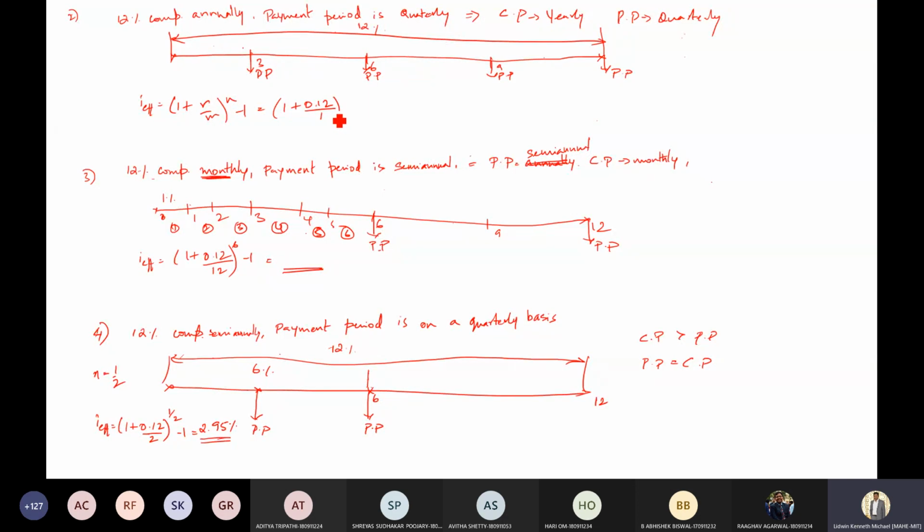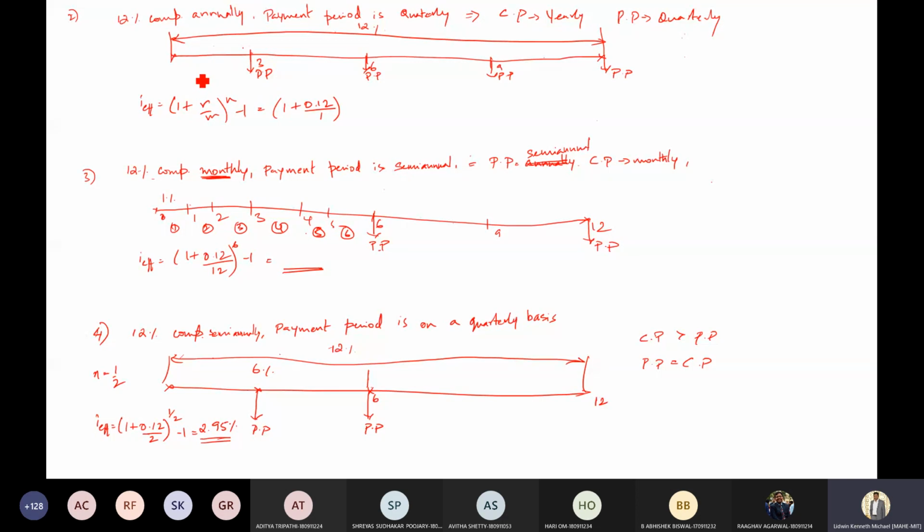Now your payment period is done on a quarterly basis. Compounding is yearly, payment is quarterly. So first, payment is received on a quarterly basis. So in a year, how many quarters are there? There are 4 quarters. So how will I take it?